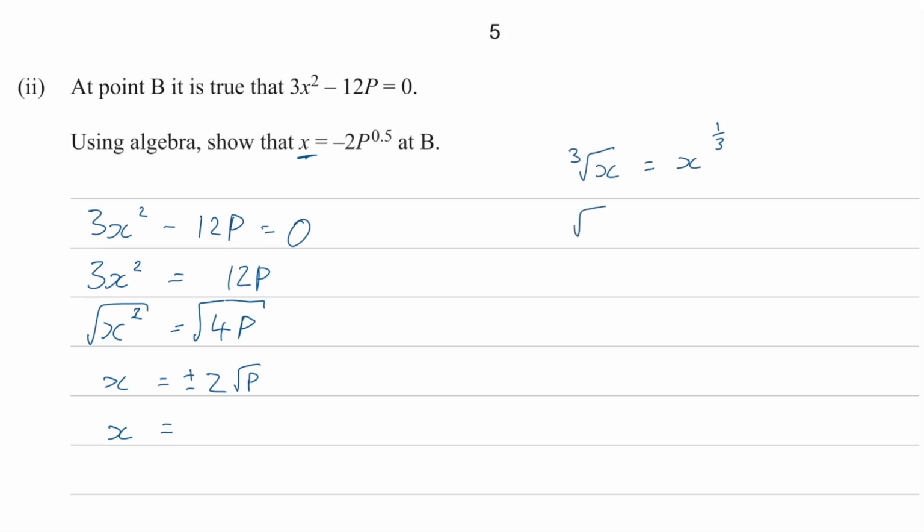The square root of x can be x to the power of a half, which we know is actually just 0.5. So we can apply that here: plus or minus 2 times p to the power of a half, or 0.5.